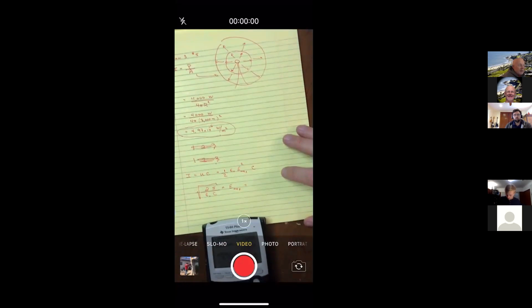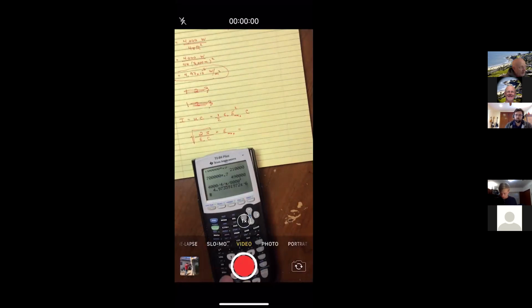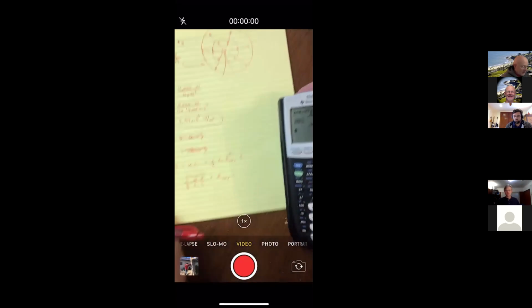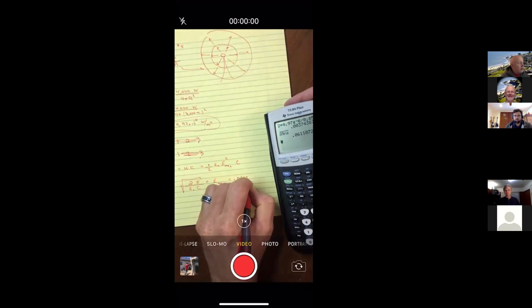So to do a calculation here, let me grab my calculator and go 2 times the intensity, 4.97 times 10 to the negative 6, divided by 8.85 times 10 to the negative 12, and divided by 3 times 10 to the 8th, and taking the square root of all of that, I get 0.0612.